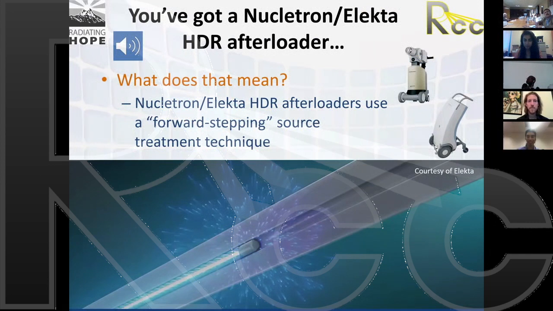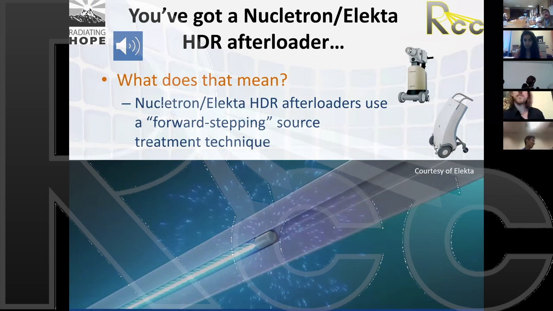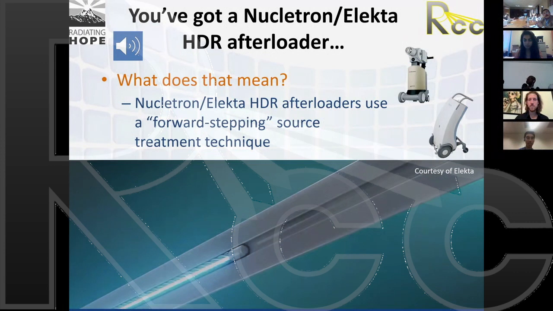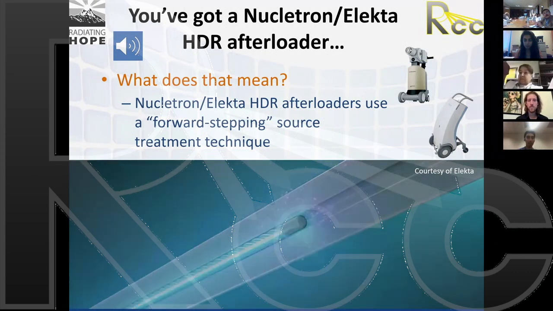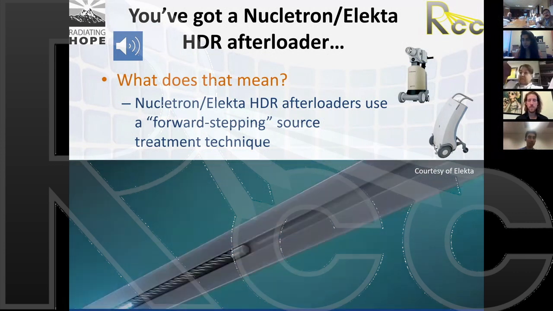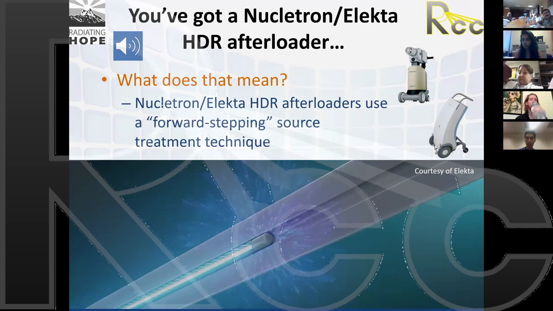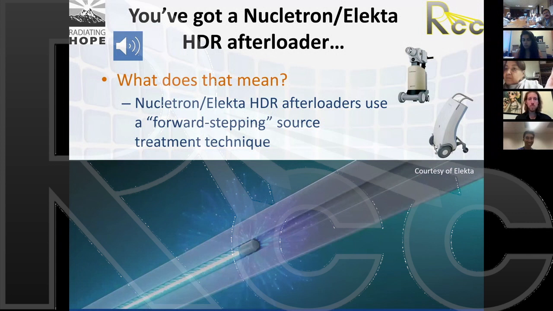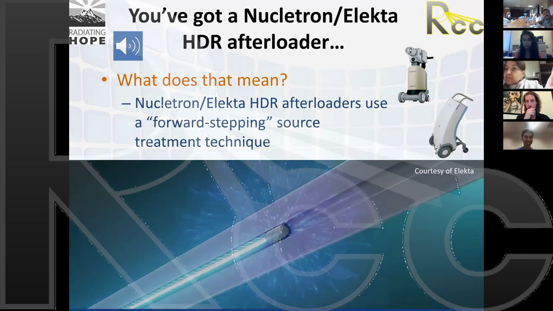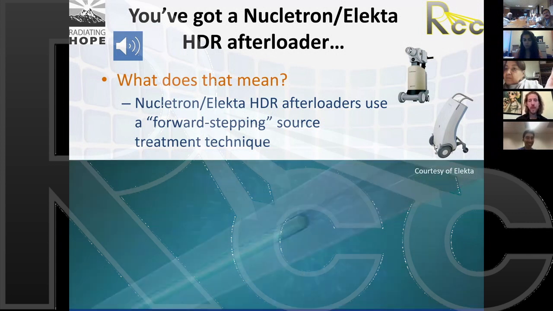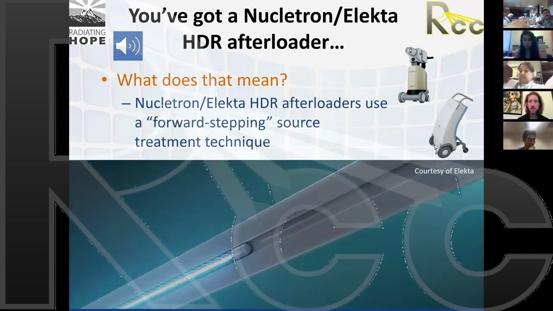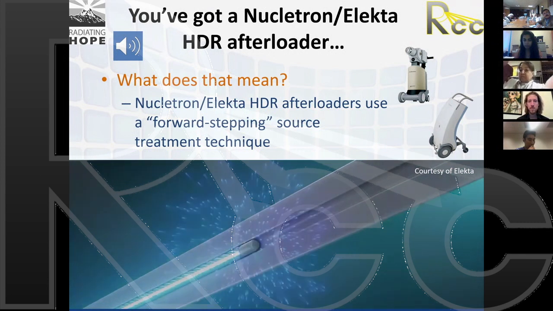This is where the source will start at the most proximal dwell position and then step forward in the applicator at each individual dwell position. Varian or BEBIG afterloaders use a backward stepping source treatment technique, where the source is driven to the furthest dwell position and then the source steps backwards in the applicator towards the afterloader. If you click on the video on this slide, you'll see an example of what a forward stepping source will do.